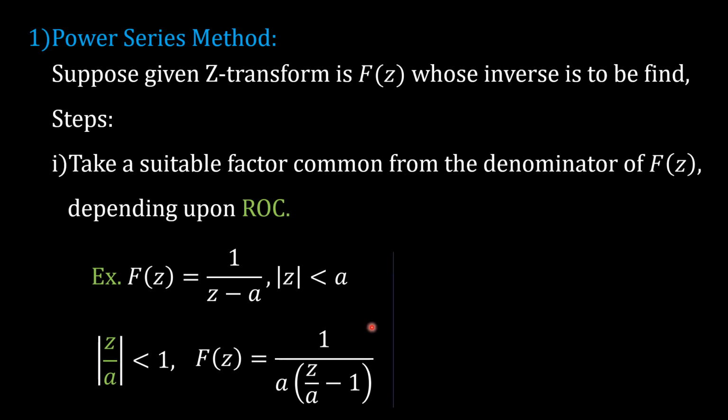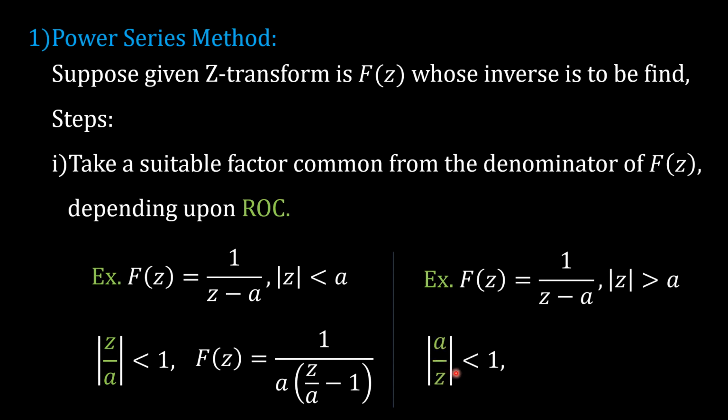For the same F of z, if we consider the region of convergence as mod z strictly greater than a, then to express it in less than 1 form, we need to divide on both sides by mod z, and that gives us mod of a upon z strictly less than 1, which is the required thing.